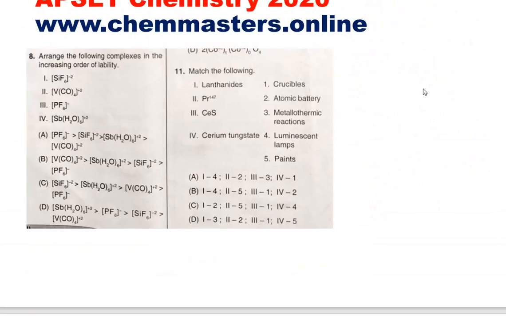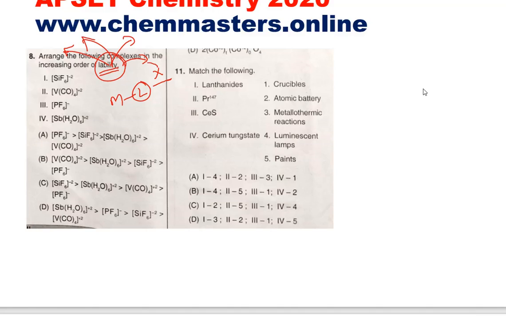The next one: arrange the following complexes in increasing order of lability. First, how can you define lability? We have many definitions, but for simple understanding, we can say that if the metal-ligand bond is easily broken and replaced with another ligand, then that metal complex is a labile complex.